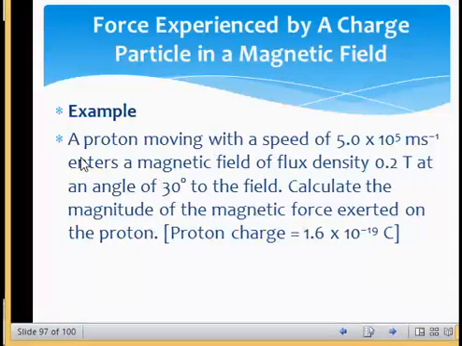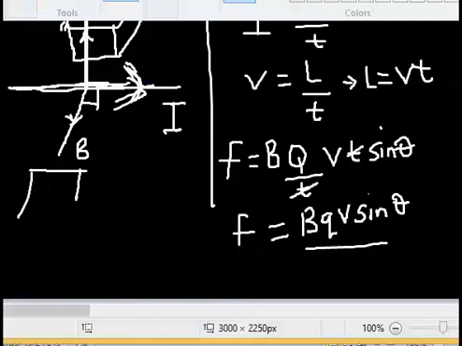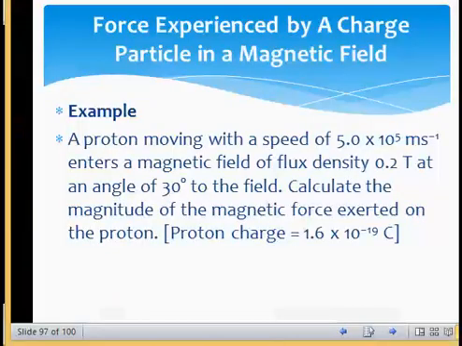I think I have a question here. The question goes like this: a proton moving with a speed of 5.0 times 10 raised to the power 5 meters per second. Let me write down the parameters so that we can solve it.